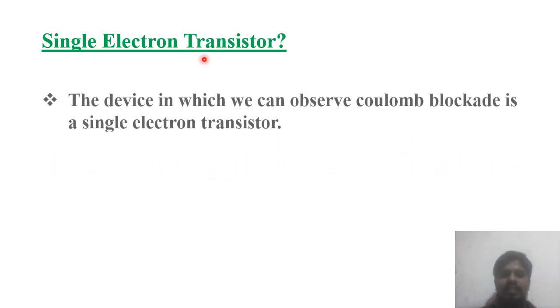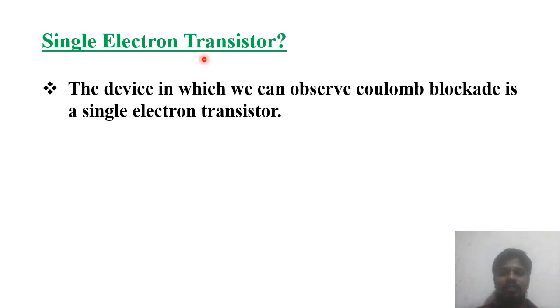Suppose the device which is working based on the Coulomb blockade effect, that device we can call the single electron transistor. That means it will conduct the single electron, or as a transistor, it will amplify the signal in a discrete manner by the electron additive nature. That is called the single electron transistor.